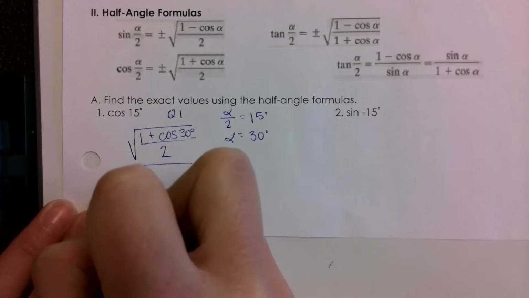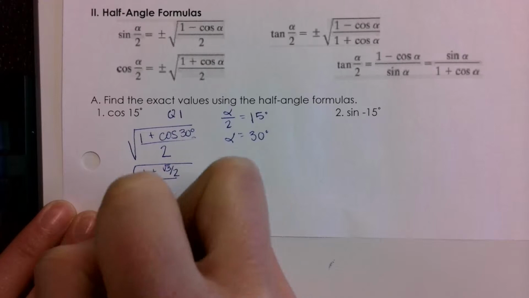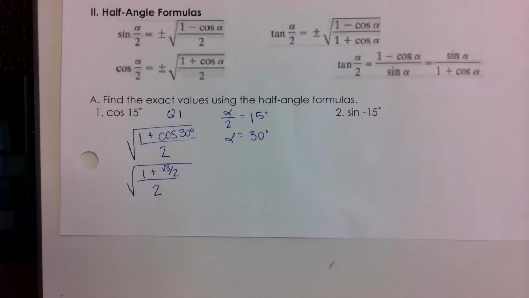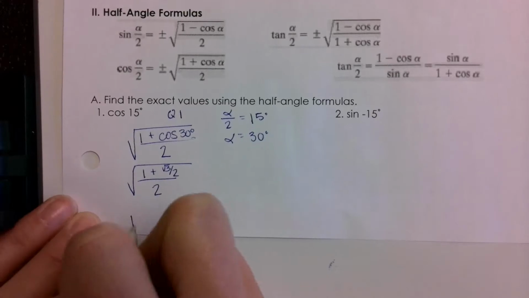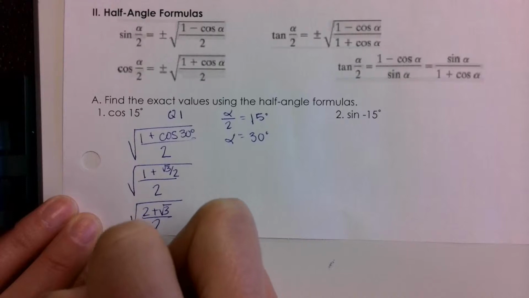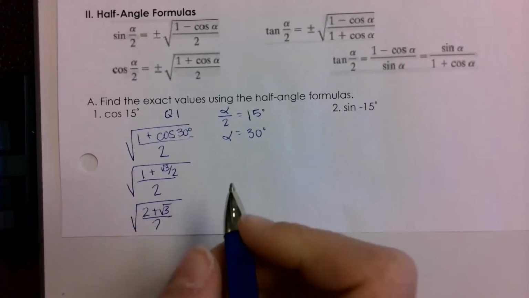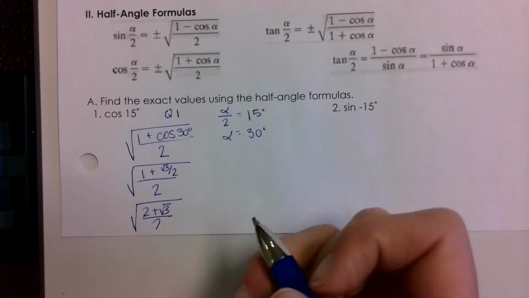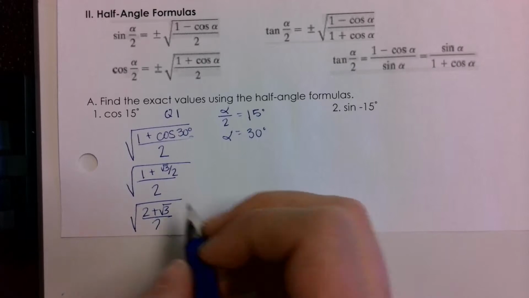So we got 1 plus square root 3 over 2, all over 2. So then if we get common denominators and add your numerator there, you're going to have 2 plus square root 3 all over 2. Is that correct? No. Hold on. I went too far.